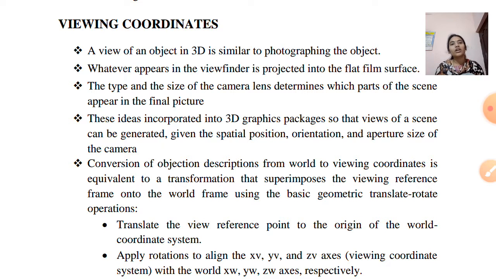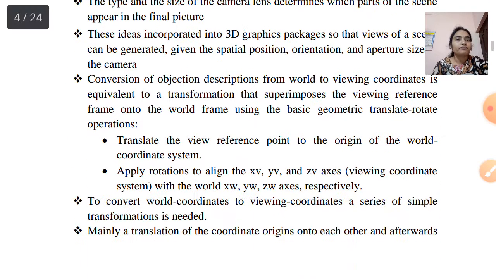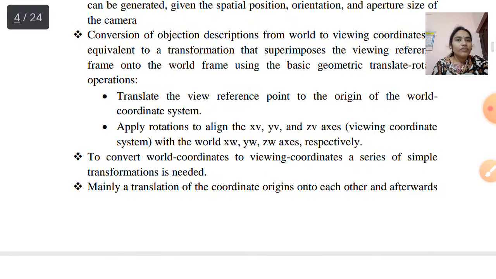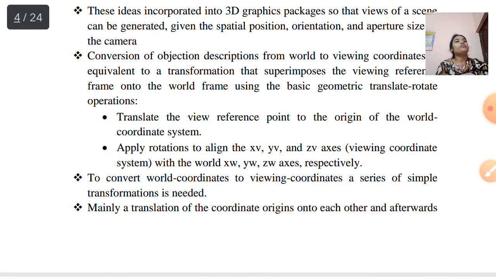But when the conversion is from world coordinate to viewing coordinate, only the basic geometric transformation operations translate and rotate are included. Okay, first we translate the view reference point to the origin of the world coordinate system.